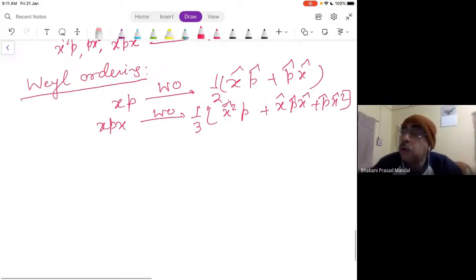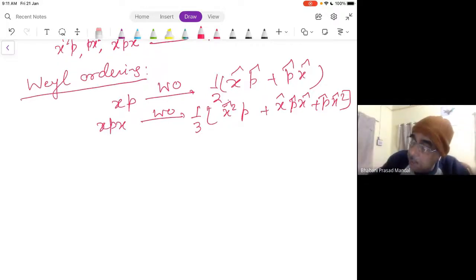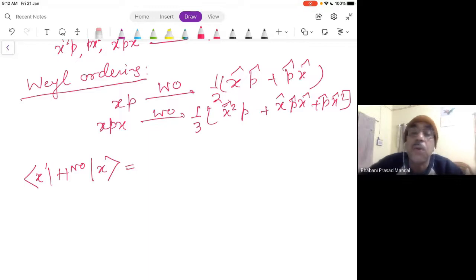I'll show you both. For example, suppose I want to take an inner product of the x prime state, Schrodinger picture, and the Hamiltonian in normal order. Normal order you also came across last semester when you have to remove the infinite ground state energy.